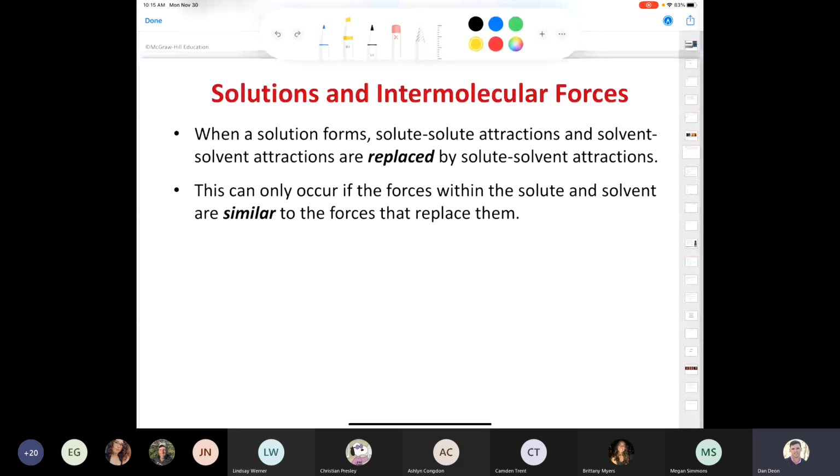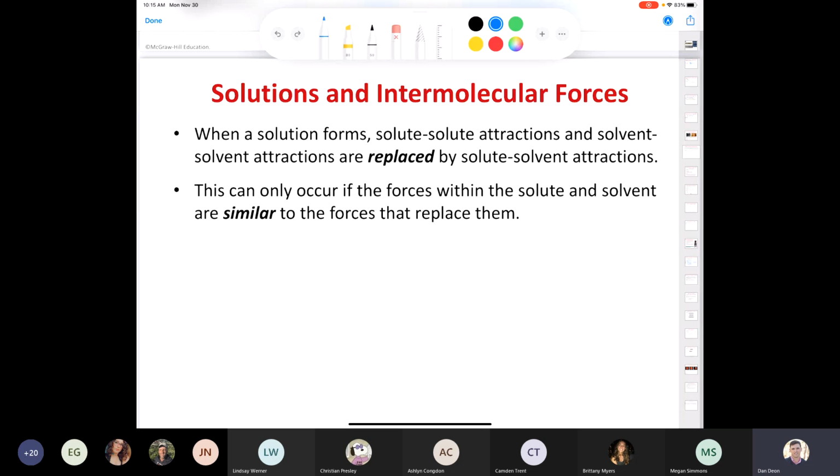When a solution forms, the solute-solute attractions and solvent-solvent attractions are replaced by solute-solvent attractions. Now, the only way that this can occur is if the forces within the solute and the solvent are similar to the forces that replace them. Right? Think about it.